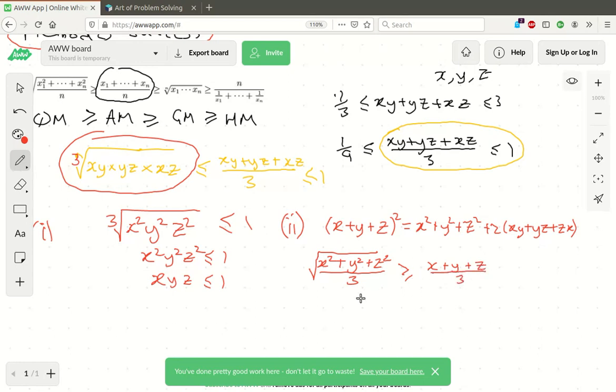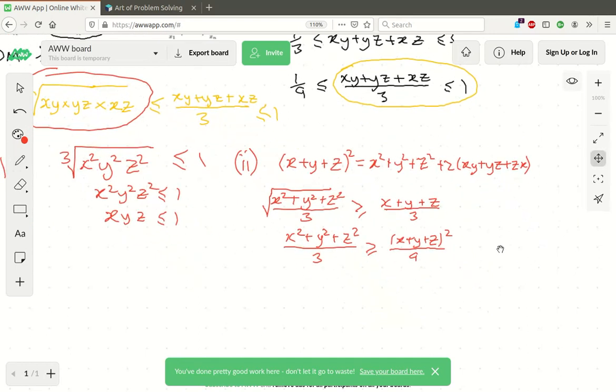I can square both sides then, since both sides are strictly positive, and I can get x squared plus y squared plus z squared over 3 is greater than or equal to x plus y plus z all squared over 9.